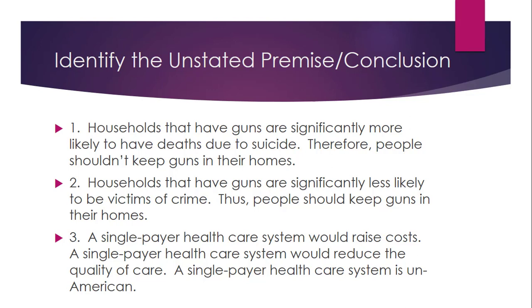Guns are used to help combat crime. Therefore, people should keep guns in their homes. Right? That's an unstated premise that helps connect the dots such that the first premise can, in part, help lead towards a conclusion.